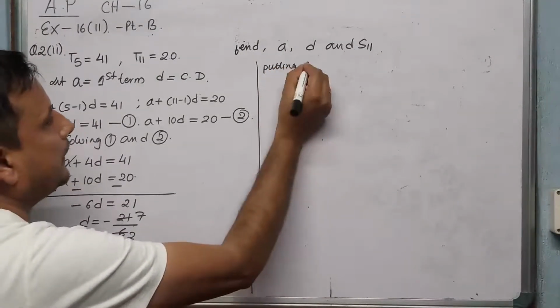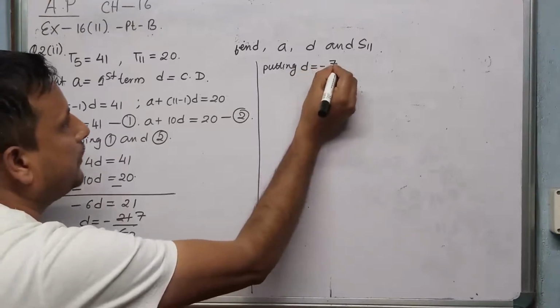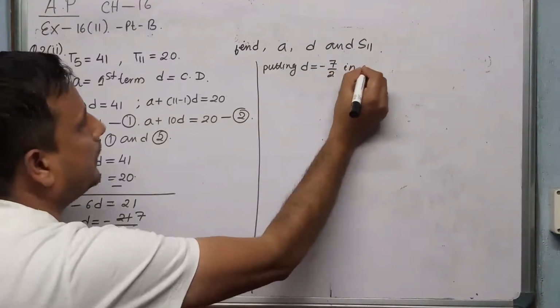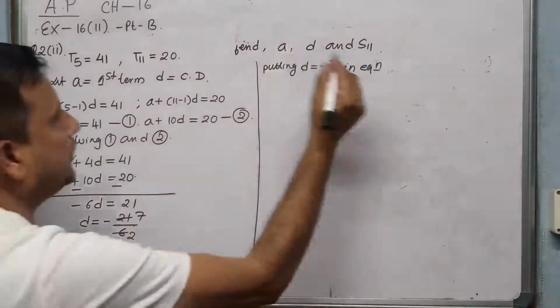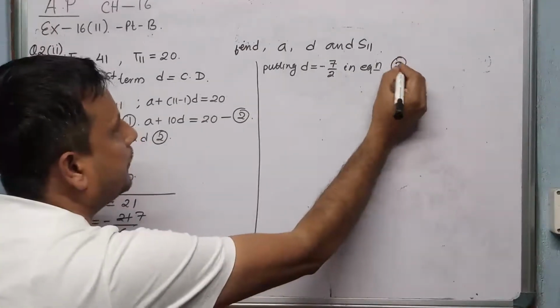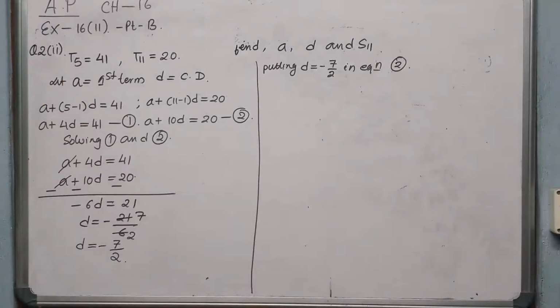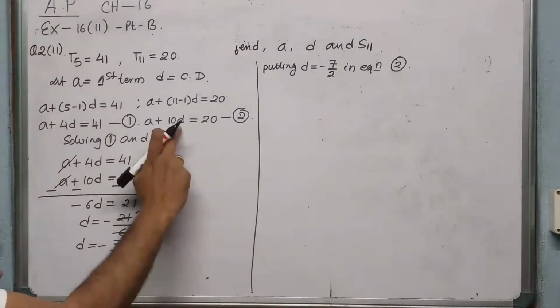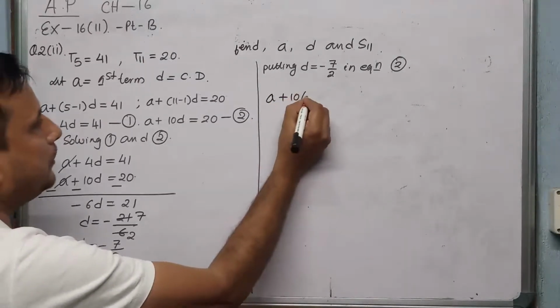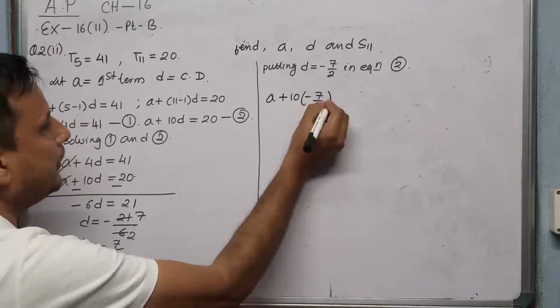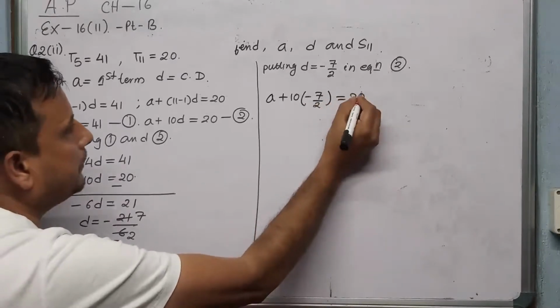Putting D is equal to minus 7 over 2 in any equation you can choose, I'll choose equation number 2. Here I'll substitute: A plus 10 into minus 7 by 2 is equal to 20.